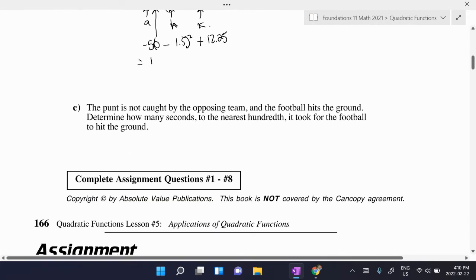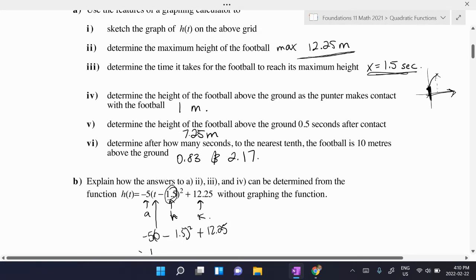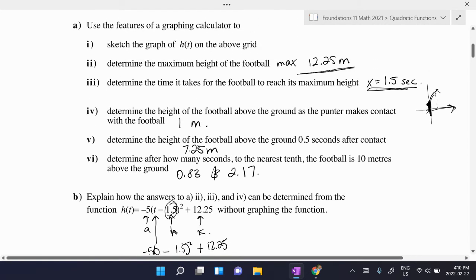The punt is not caught by the opposing team and the football hits the ground. Determine how many seconds, to the nearest hundredth, it took the football to hit the ground. So now I'm looking for when this graph hits the ground right here at 0, so when y is equal to 0, or the x-intercept.